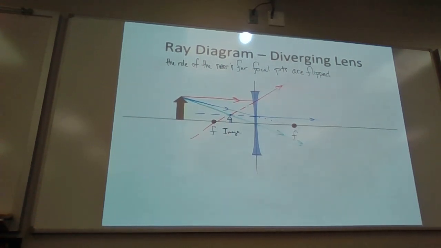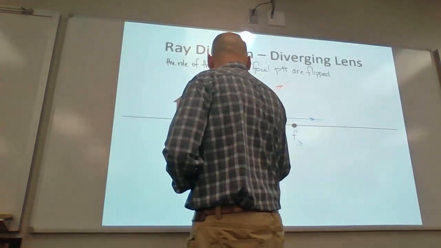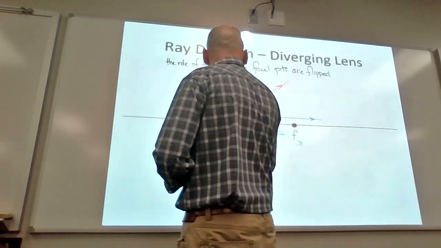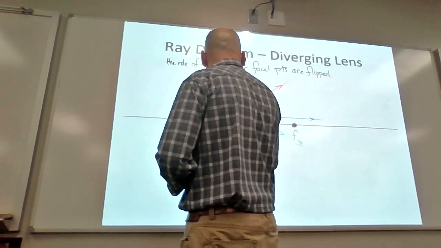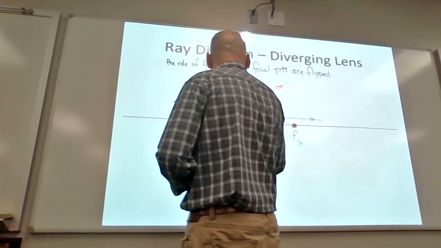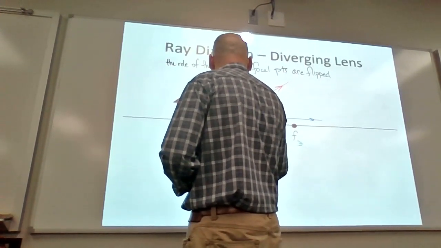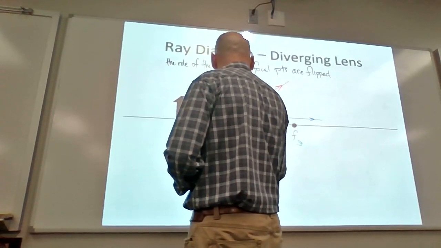Here's our object. Like the arrows, which one's bigger? It doesn't matter if they're both pointing up. That's upright. I know that means upright, but in terms of shrunken or enlarged? No, it's just the size of them. Okay, that makes sense. So you've got upright, shrunken, and virtual.